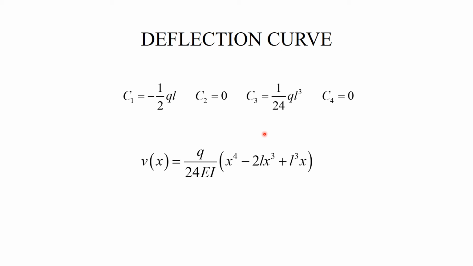V is given by this expression, so you can see it's a polynomial of degree 4, which is reasonable. If you differentiate it 4 times and multiply by EI, you will obtain exactly Q, which is what we expect from the differential equation to begin with.